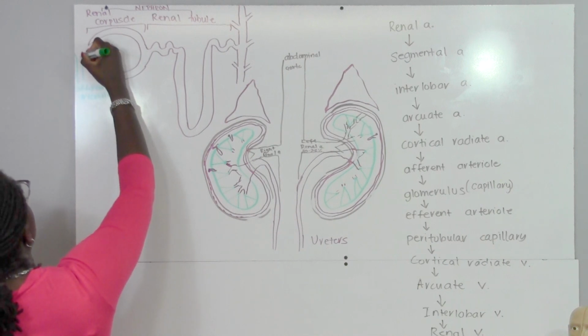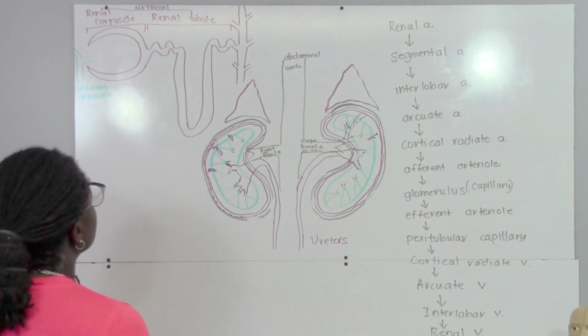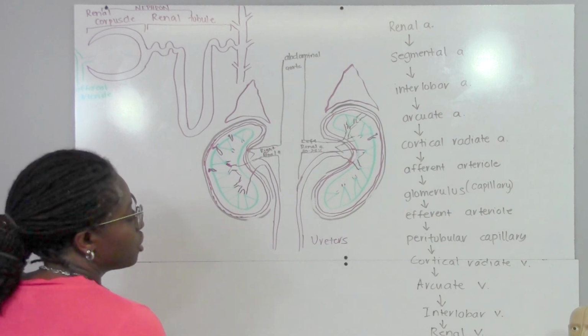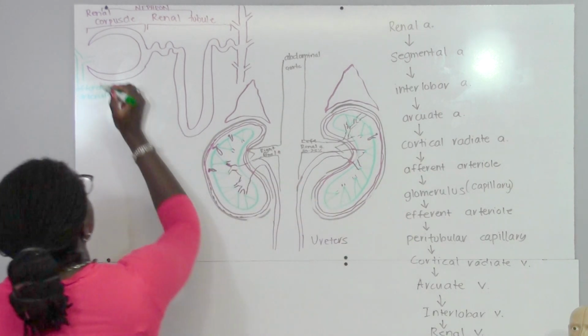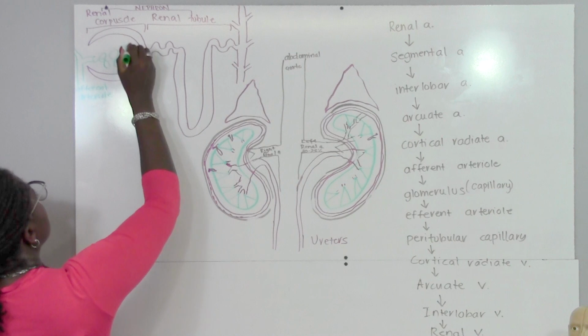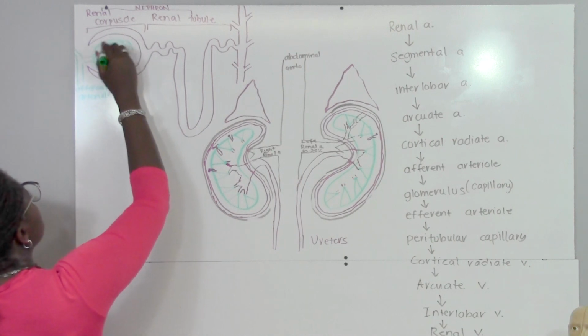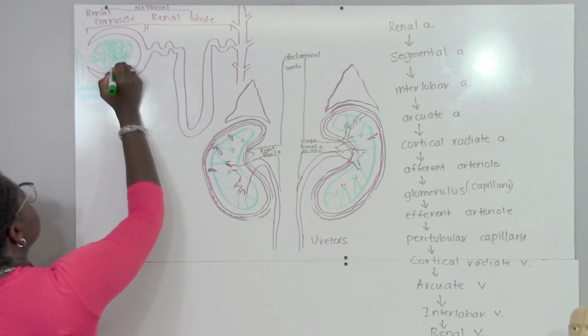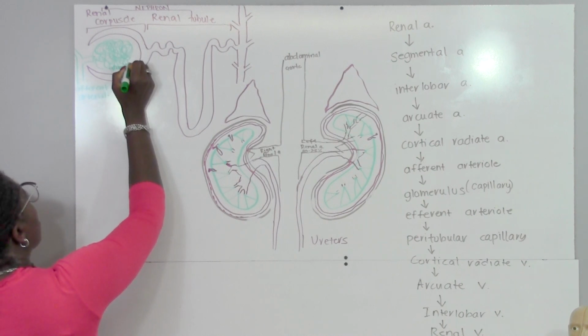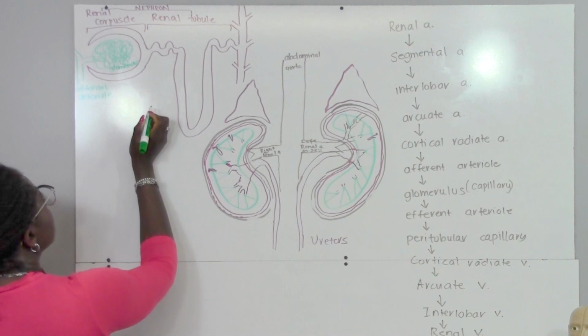So it goes like so. But it gave off a branch here. The branch of that afferent arteriole is the glomerulus. So the glomerulus is going to be found here. And loosely translated, it means a ball. So that's the glomerulus.